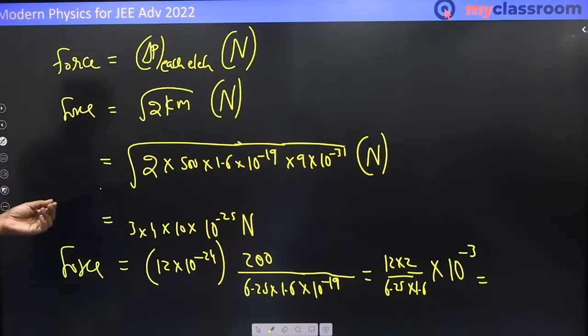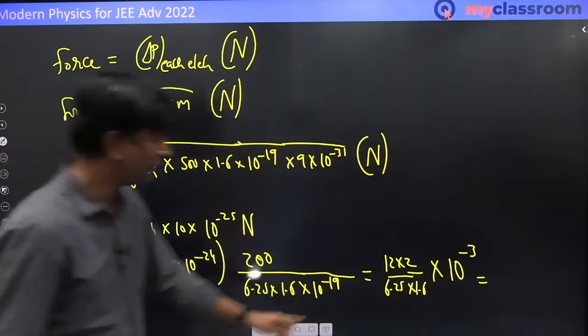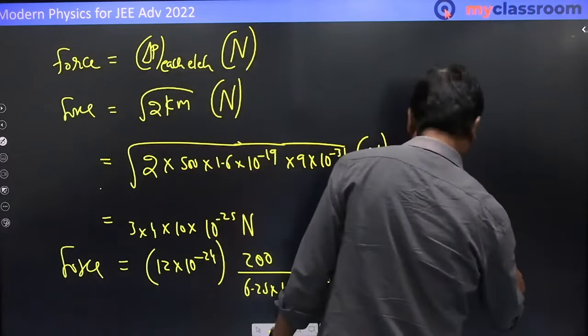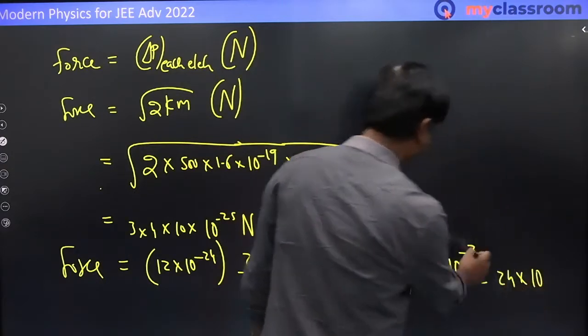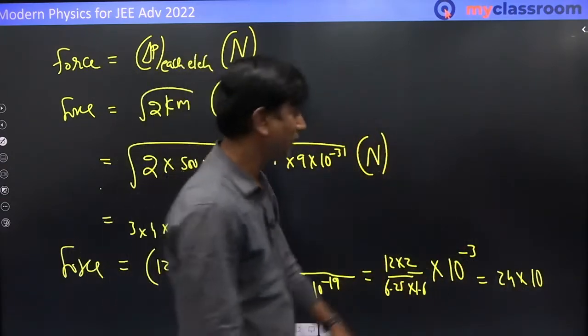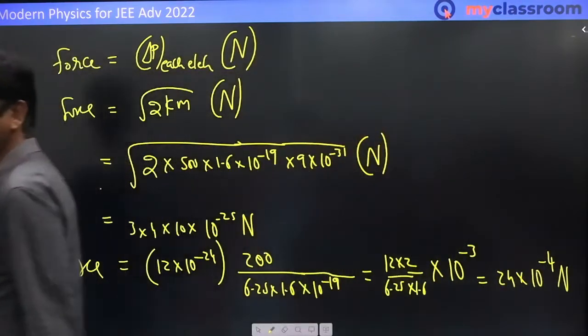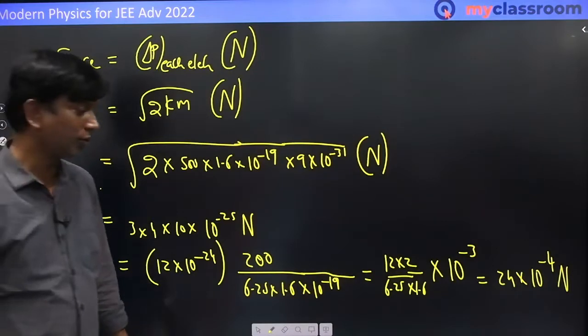Okay, 1.6. How much? I think 6.25 into 1.6 will become 10. So you will get 24 into 10 power minus 3 and minus 4 newtons. So that is the total force experienced.